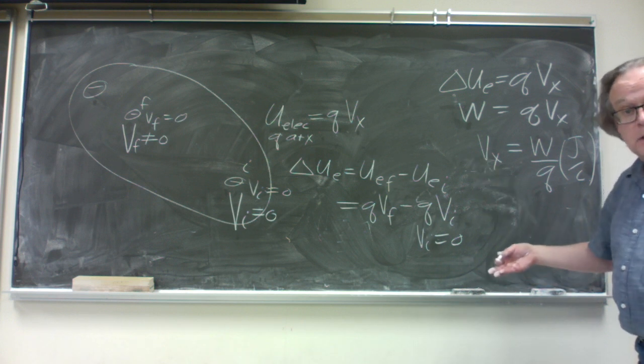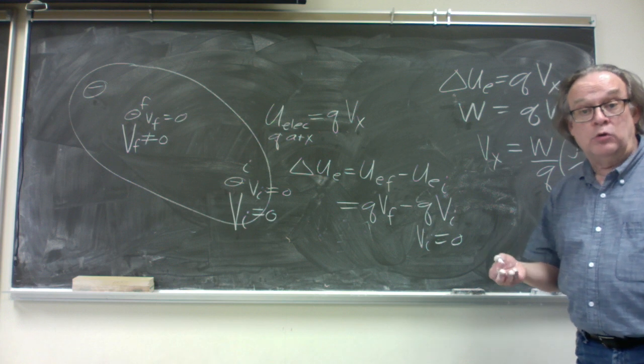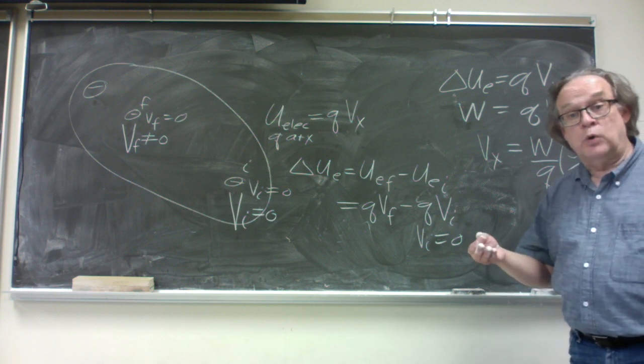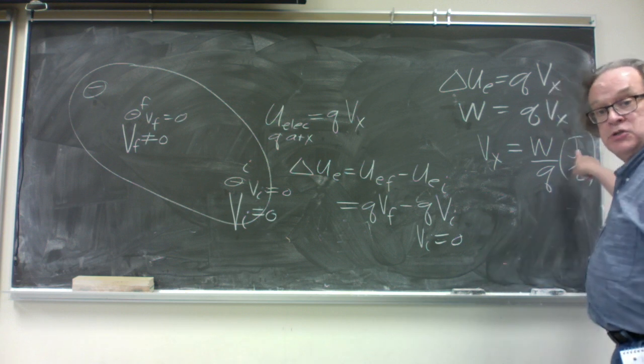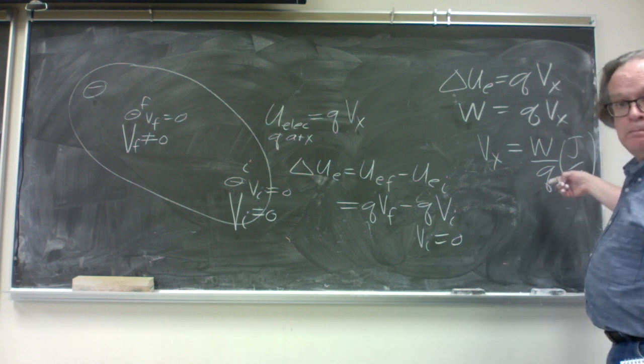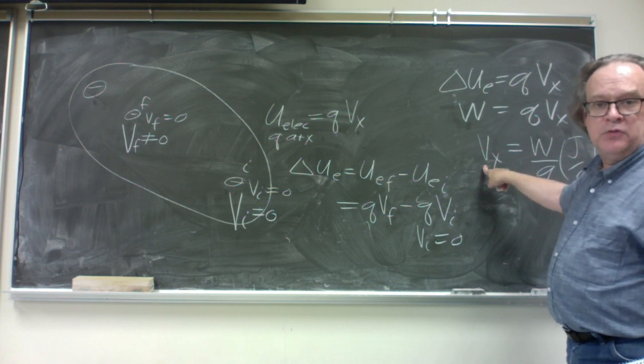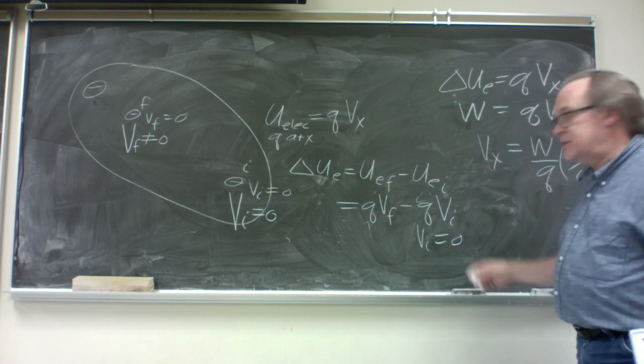Volts. Our normal unit label for electric potential is volts, where 1 volt is the same as 1 joule per coulomb. And so that's basically why we use capital V for potential. V as in volts.